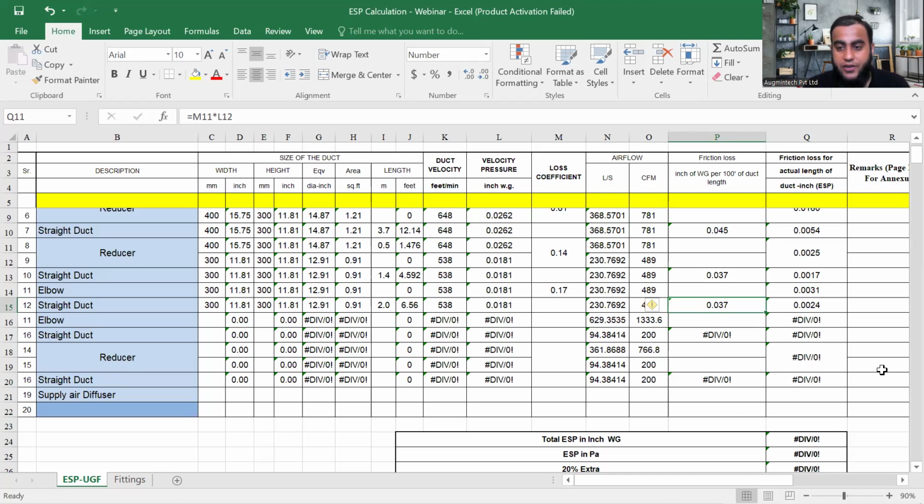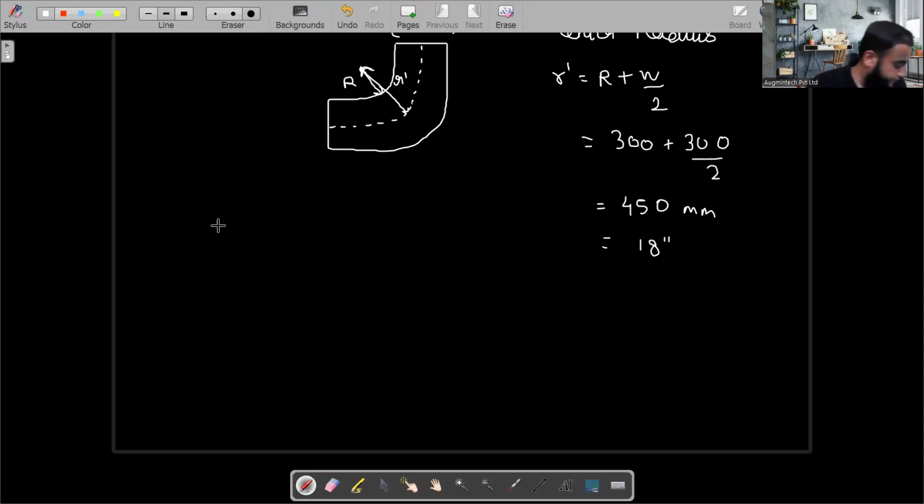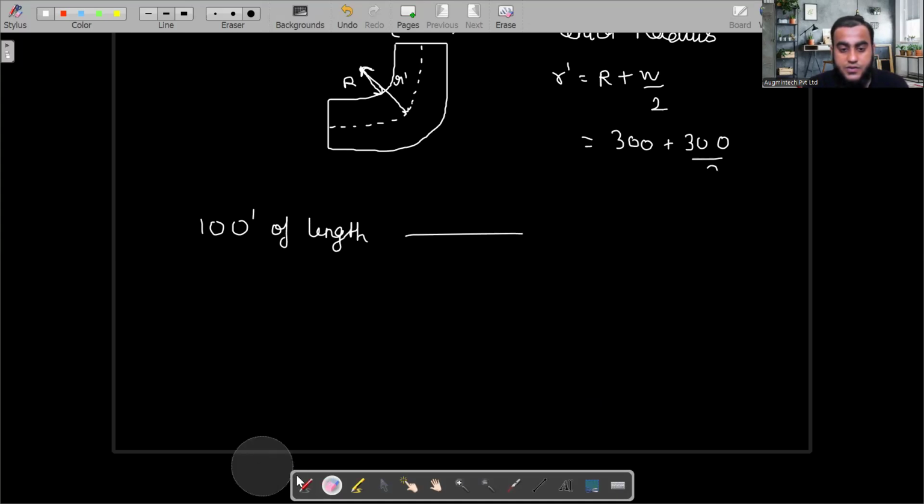Suppose in 100 feet of duct length, friction loss we have got 0.037. So let's see, here I am showing how we get this value. When we calculated the friction loss value in 100 feet of duct length, we got 0.037 inch of water column.